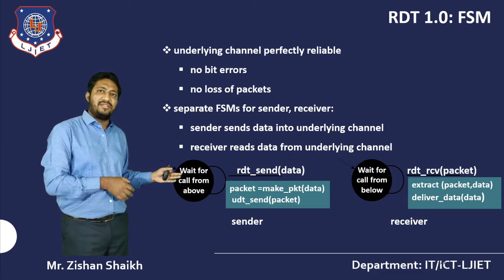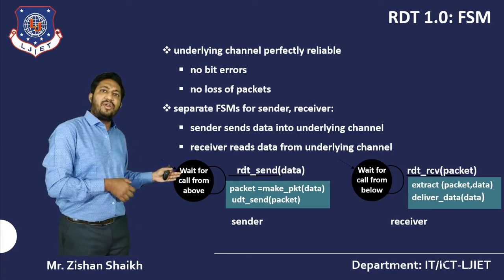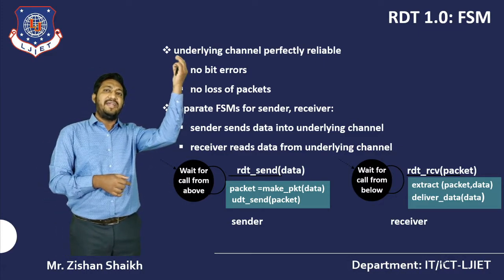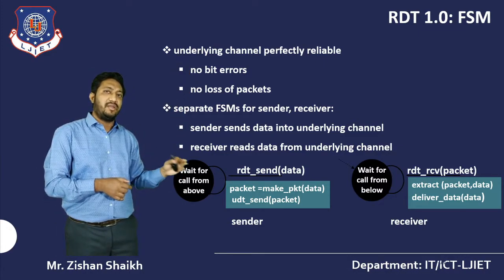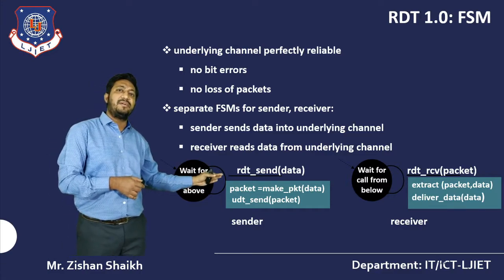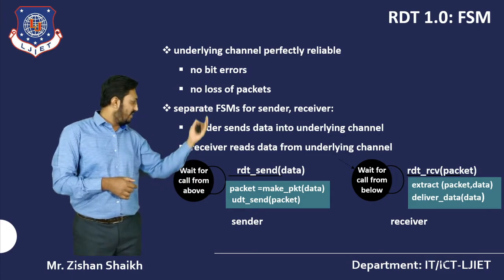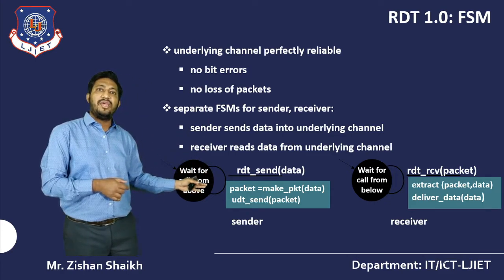Let's see what happens here. First, it waits for a call from above. This state is entered when the sender takes the data from the application layer. At that time it uses the rdt_send method, which takes the data from the upper layer as a parameter.